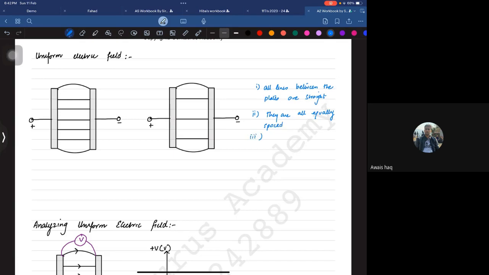Number three, it basically means constant electric field strength at all points within the field.